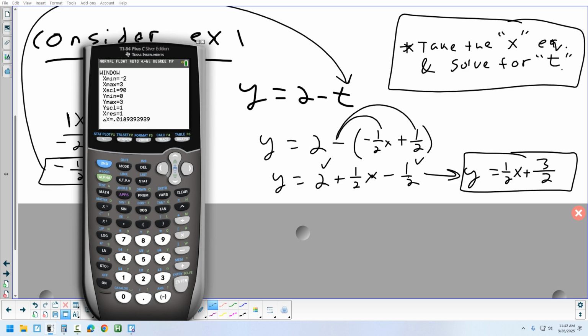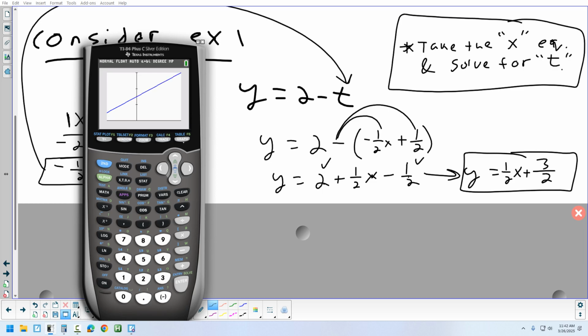When you change the mode, the window will stay the same. X min, X max, all that gets carried over. So if you're trying to compare two things, you want the windows the same, so it's accurate. All right, type in 0.5x. It's just easier for me to use decimals. 0.5x plus 1.5. Hit graph.